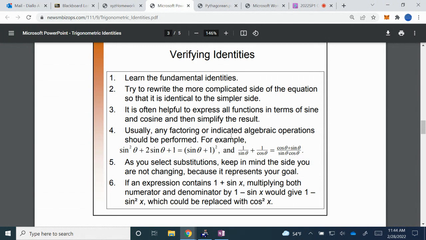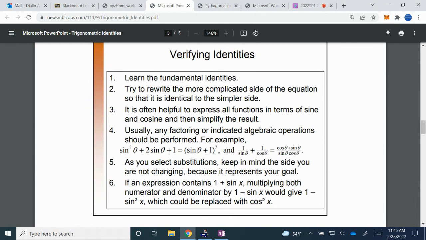The fourth thing says that you can factor. This actually won't come in until we start solving trig equations. But you can factor a trig equation or trig expression just as you can factor an algebraic expression. For example, sine squared theta plus 2 sine theta plus 1 can be factored.